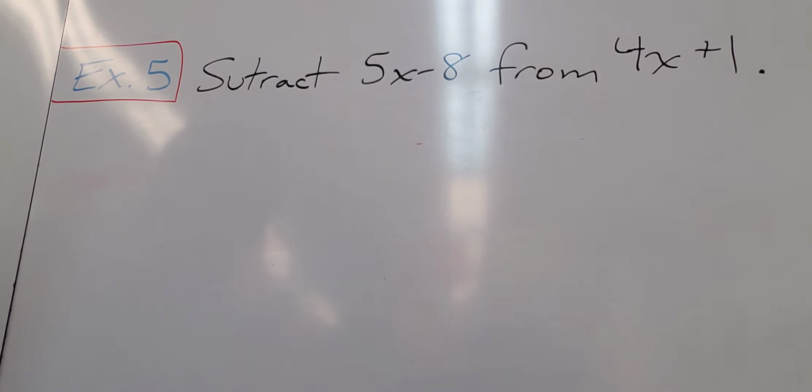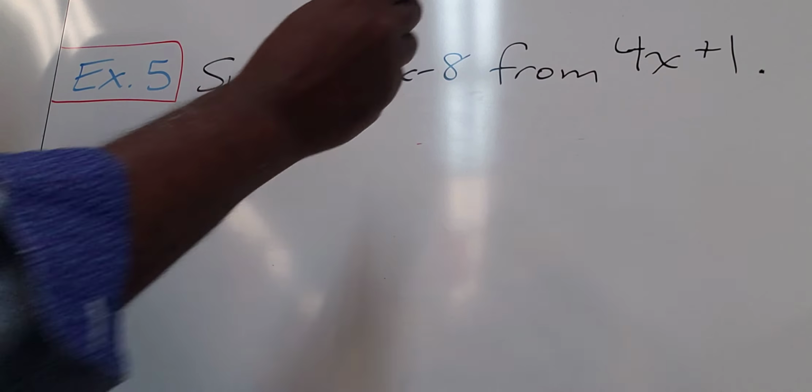Now there are 2 great tips on that page, so go ahead and take out your packet. Let's read them together. One of them is that the negative sign really matters. We put that next to example 4. I'm going to let you do example 4 on your own, but we're going to talk about why that negative sign really matters. And the second hint is the word from.